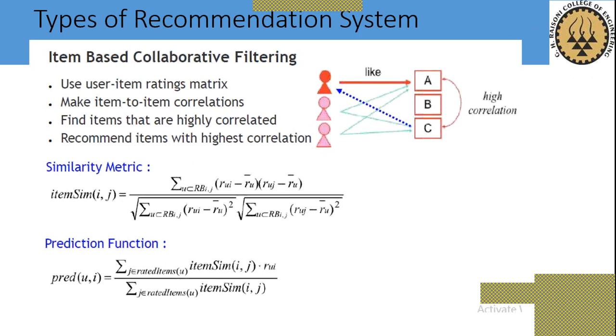Using this item similarity of i and j, we have to find the highest correlated item.